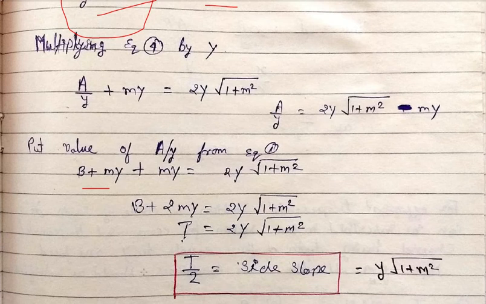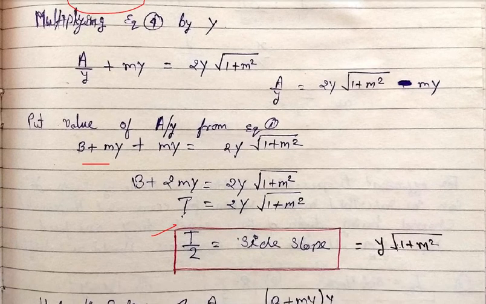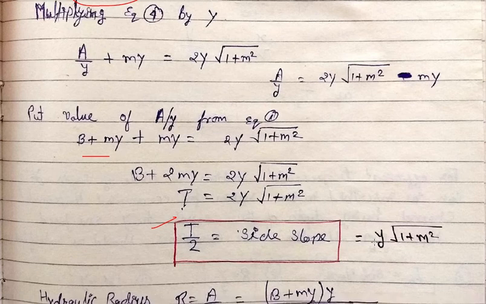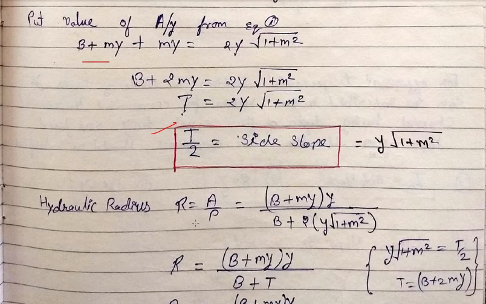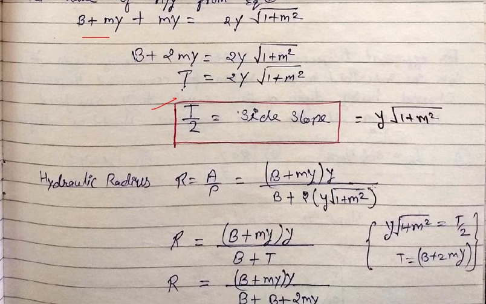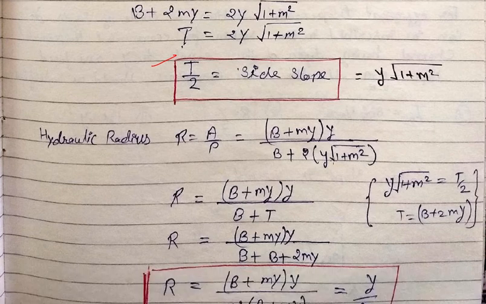Here is one condition: y root of 1 plus m square is side slope. Now hydraulic radius, hydraulic mean depth. This is first condition. Hydraulic mean depth is area upon wetted perimeter. So area is b plus m y into y divided by b plus 2y root of 1 plus m square, the wetted perimeter.